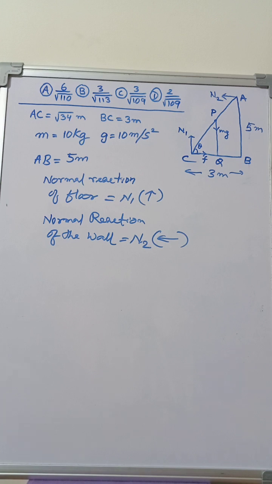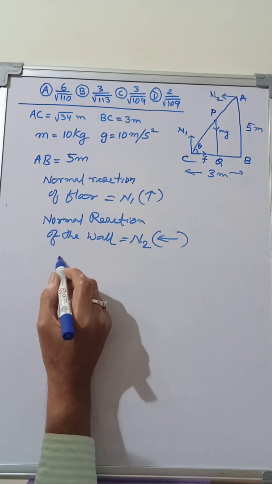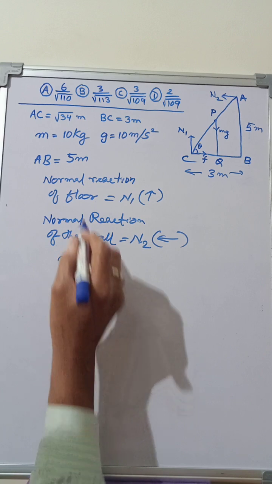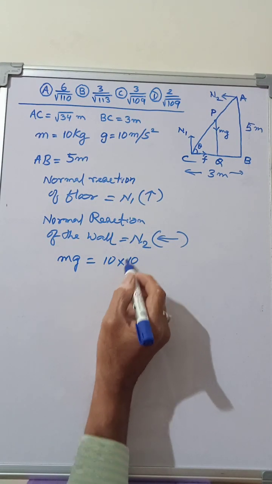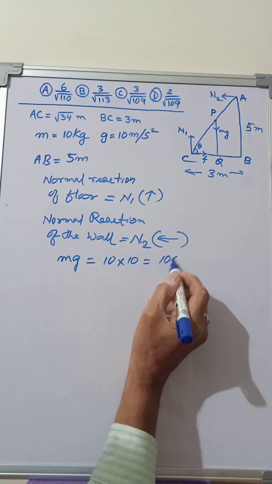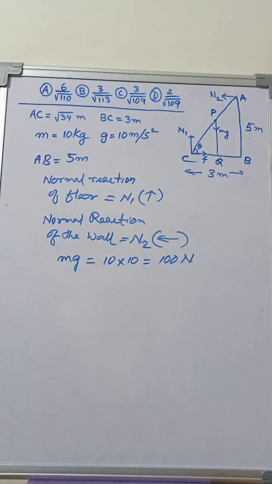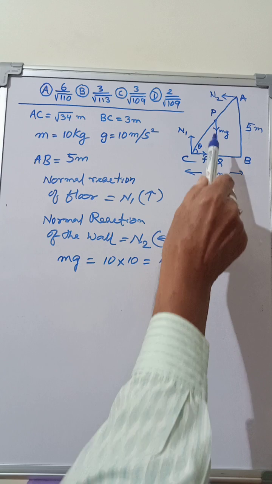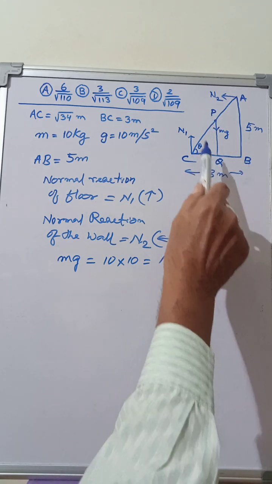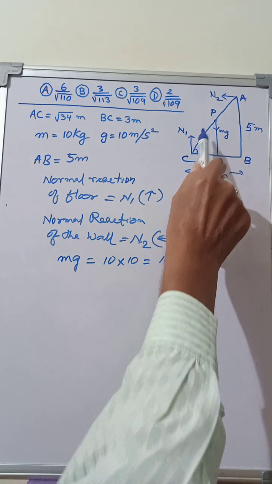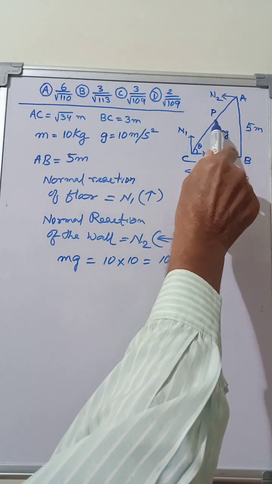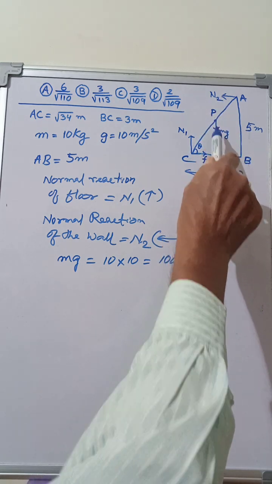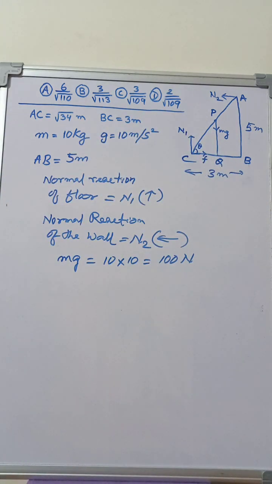Weight of the ladder mg, we know that m is equal to 10 and g is also equal to 10, so it is equal to 100 newtons, which is acting at the midpoint of the ladder AC. So P is the midpoint and it is acting in the vertically downward direction along PQ.